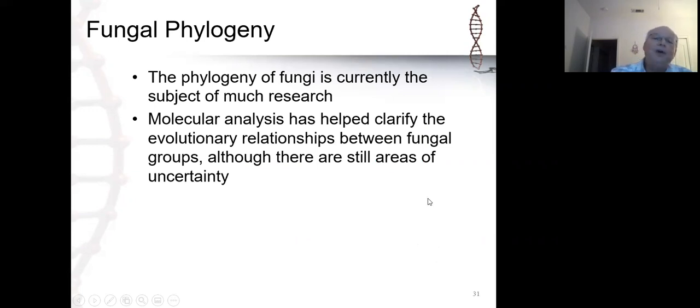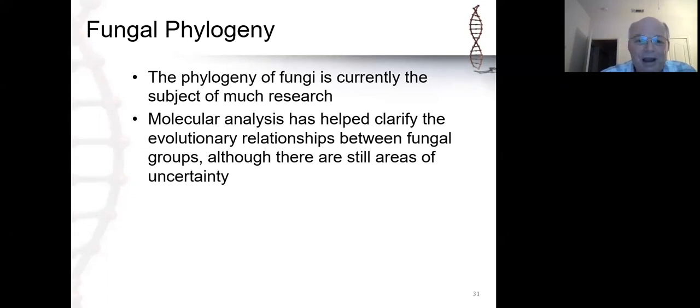So the current phylogeny of fungi is one of those things that has been subject to a lot of change over the course of about the last 20 years or so. There has been a lot of rethinking about relationships amongst fungi, what the definition of a fungus should actually be, where certain types of fungi should be placed within the phylogenetic tree. This has all been the subject of a lot of discussion over the last 20 years or so.